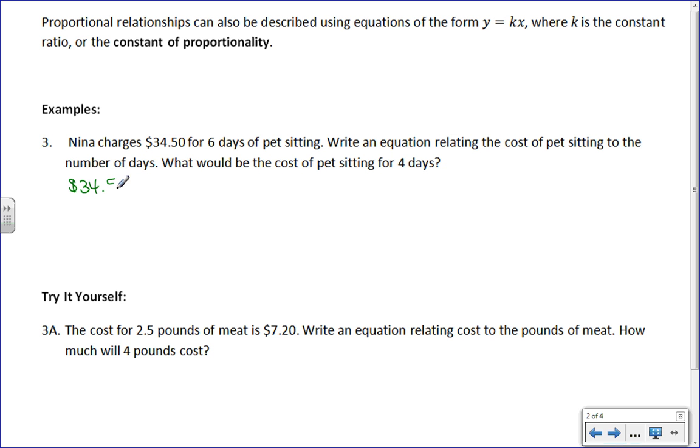So we have $34.50 for 6 days. And again, to get a unit rate, we want this to have a denominator of 1 day. So we'll divide by 6. And $34.50 divided by 6 will give you $5.75 per day.